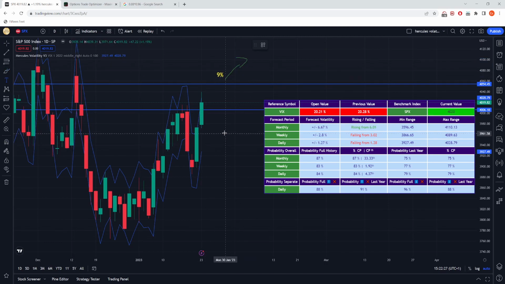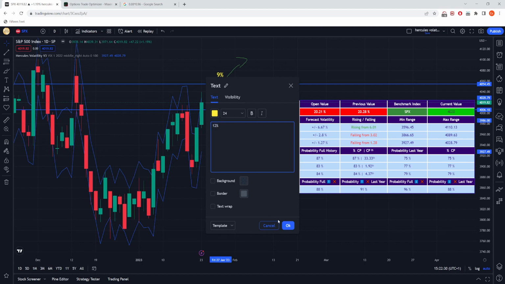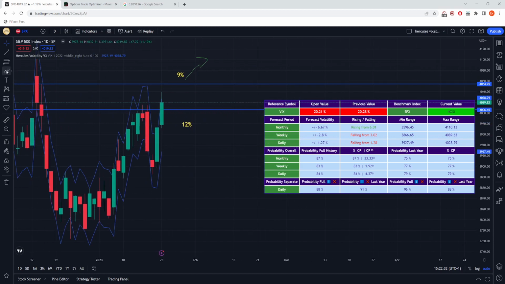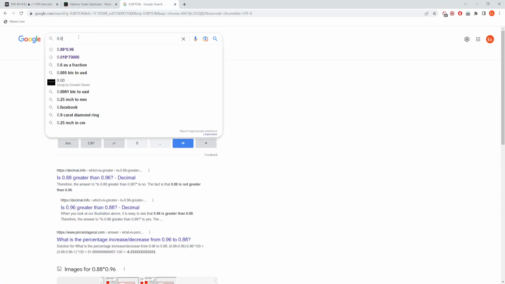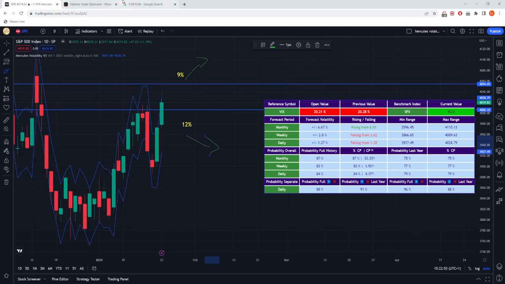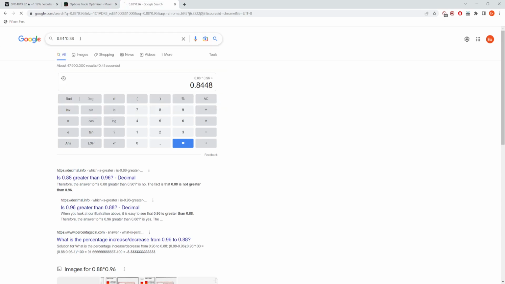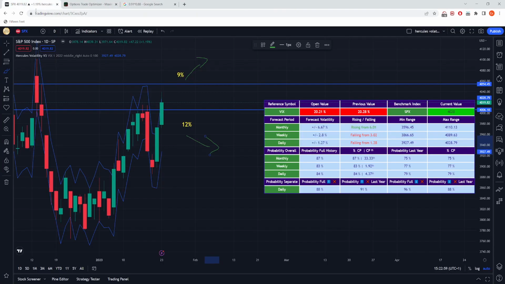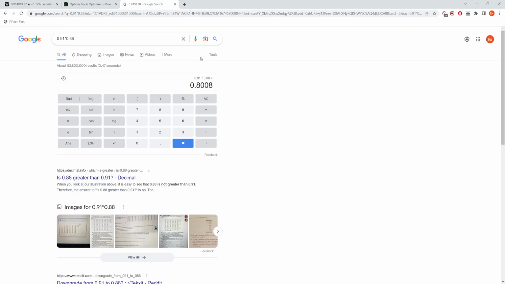Then we would have a 12% probability that the market is going to go within this part. And then again, if you take 0.91 multiplied by 0.88, we get the value of 0.8, which is going to be this 79%. Hope it makes sense.